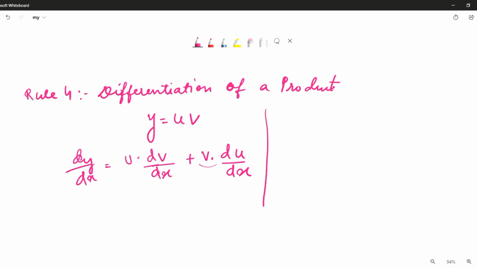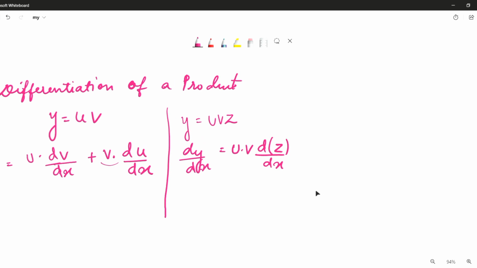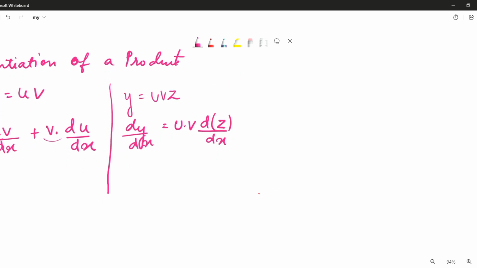Now if your function is in this form, y equals uvz, how are we going to solve this one? dy by dx equals, taking u and v as constant, differentiating z, that is dz by dx. uv as constant, we will differentiate z.